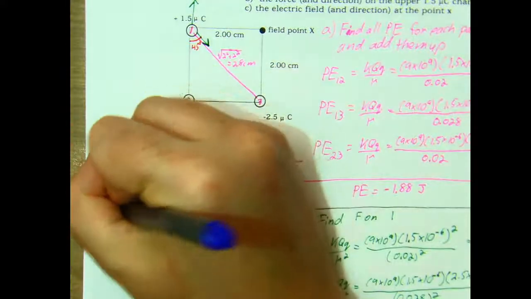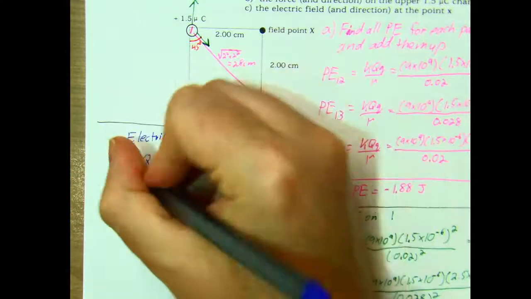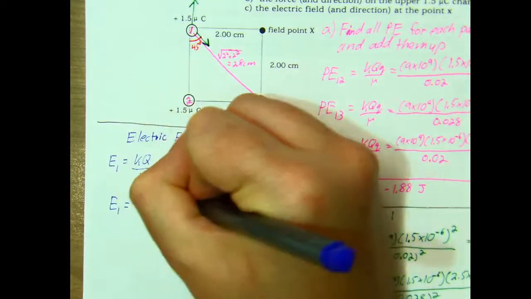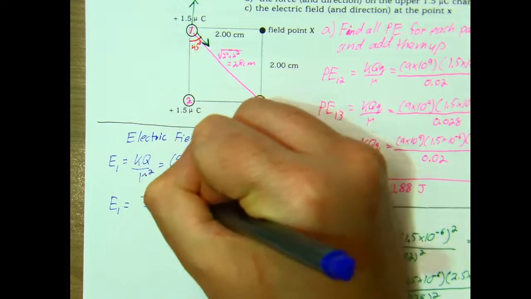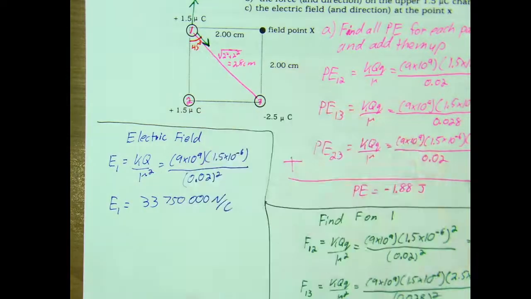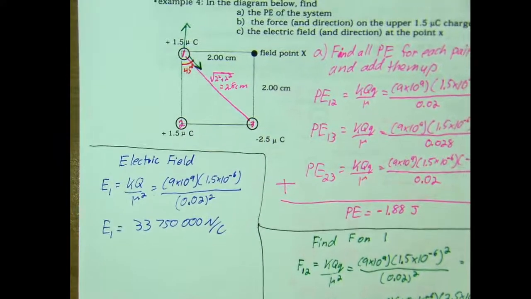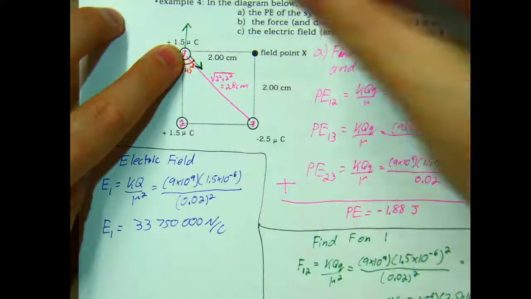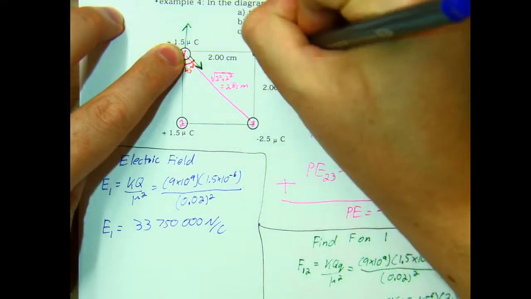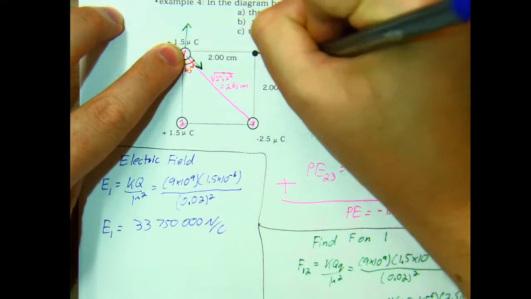So we find out that E1 is 33,750,000 newtons per coulomb. And if we look up here, we can see if this is positive, the electric field is going this way. So that's E from 1.